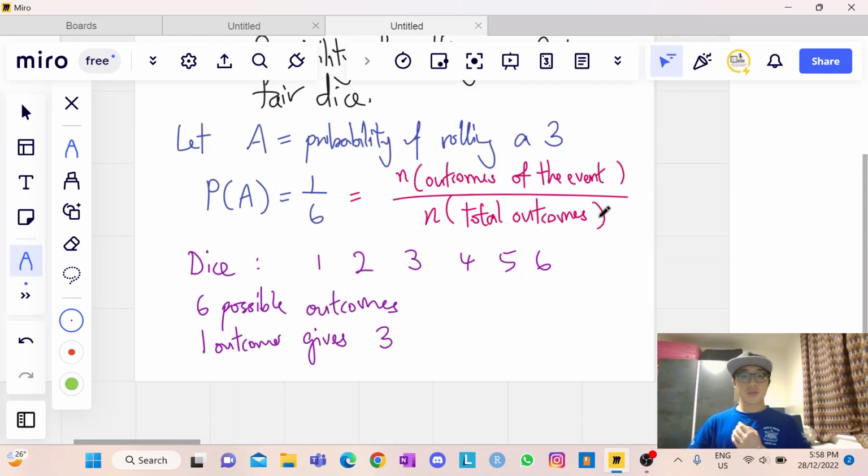So this is the probability of rolling a three in a fair 6-sided die.